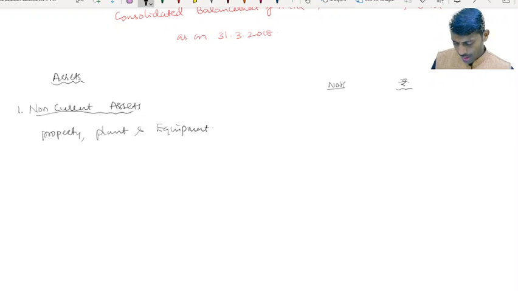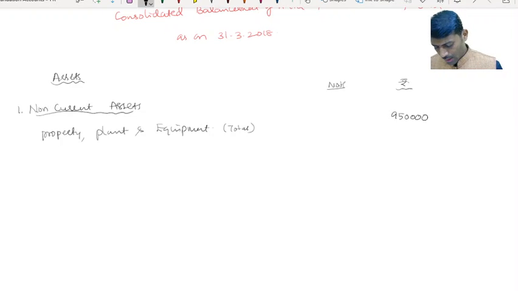Here we don't have any adjustment, therefore you can give total in one shot. 7 lakh plus 2 lakh 50, it is 9 lakh 50,000. In exam, since you have to add both companies, you have to give a note. Here we can write it in one shot.